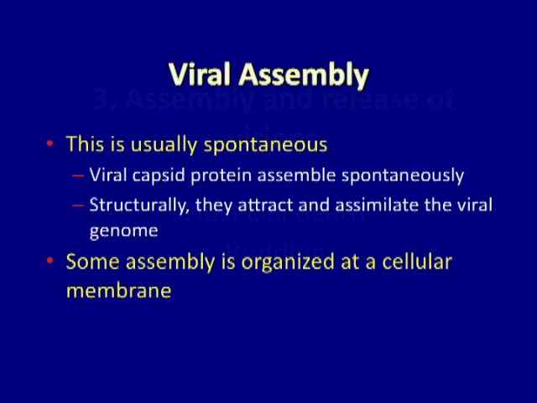In either case, the assembly of virions is a spontaneous event. That is, the proteins that make up the viral capsid assemble themselves, and they attract and assimilate the viral genome. In the case of budding, this process takes place at the cellular membrane, where it is organized.